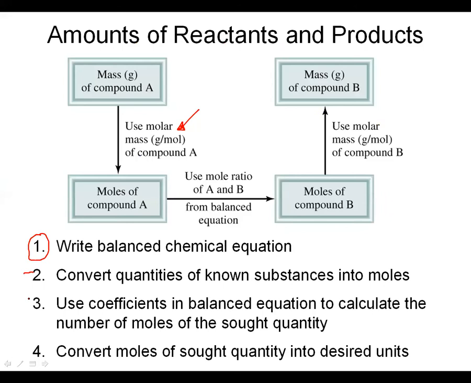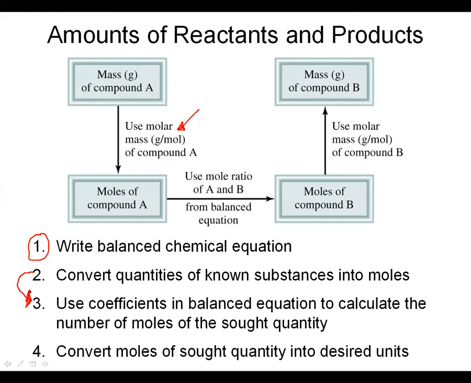You need these to be in moles, because when you go to step number 3, that is the big stoichiometry part. That is the part where you're going to go to the balanced equation, like we did in the previous example. You're going to look at the coefficients and find the two things you're interested in. One thing you're interested in, in a basic stoichiometry problem, is whatever they give you.